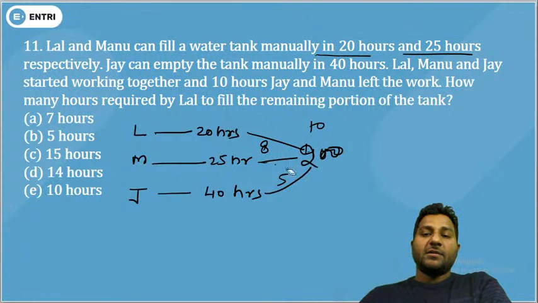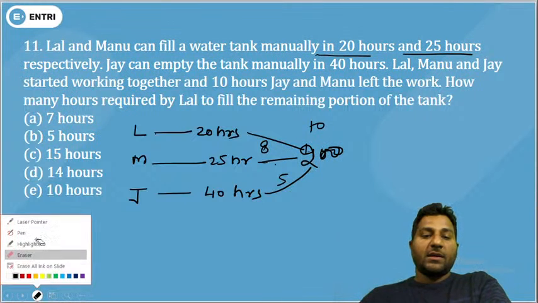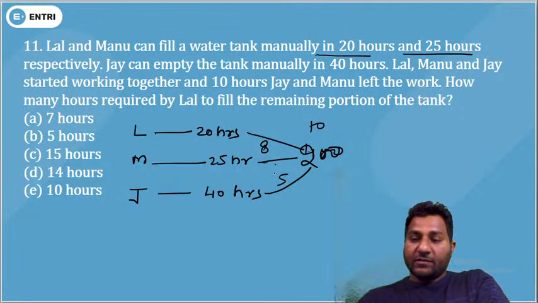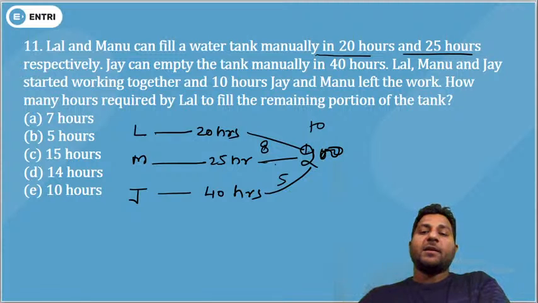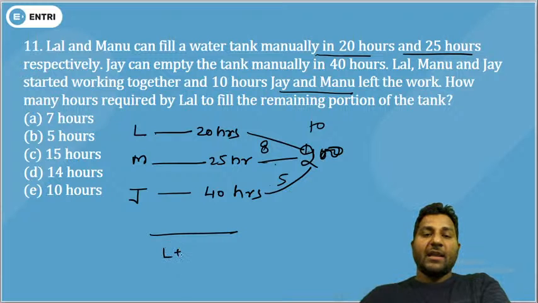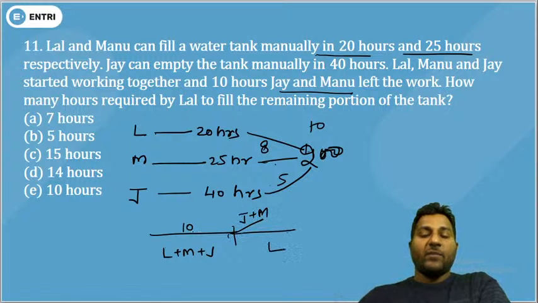So clearly the solution is an important one. 7 days. Okay, let me check. 10, 8, and 5. Alright, if after 10 hours Jay and Manu left, because all of them started working together, that means Lal, Manu, and Jay started working together, but after 10 hours Jay and Manu left, so only Lal has been left.